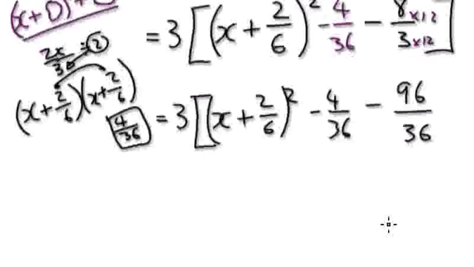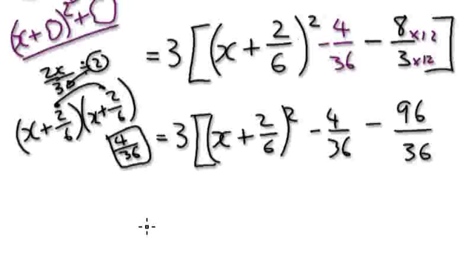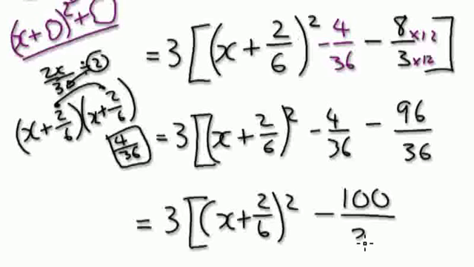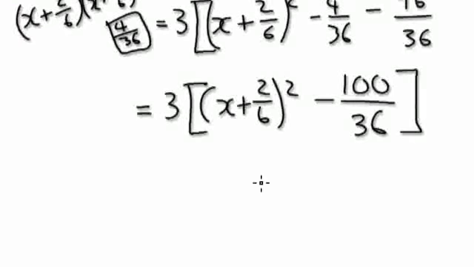Now the two denominators are the same. We can merge them. So this will become 3 square bracket x plus 2 over 6 squared, and then minus 4 minus this, so it will be minus 100 over 36. Okay, this here.